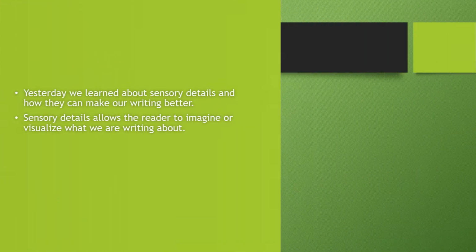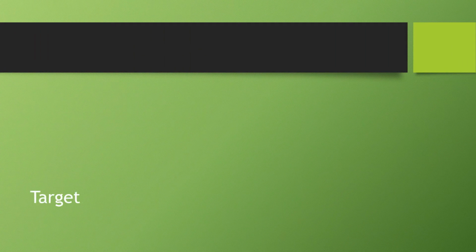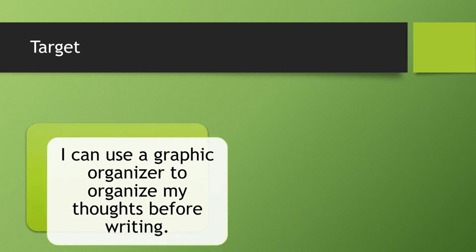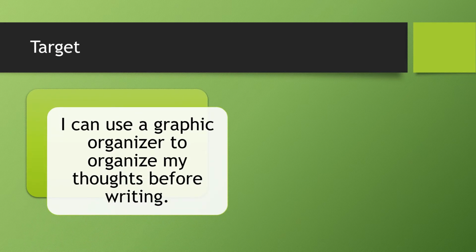Let's go over our target quickly. Our first target is, I can use a graphic organizer to organize my thoughts before writing. So the first thing that we'll do is talk about a graphic organizer and how we can use it to help us organize our writing.